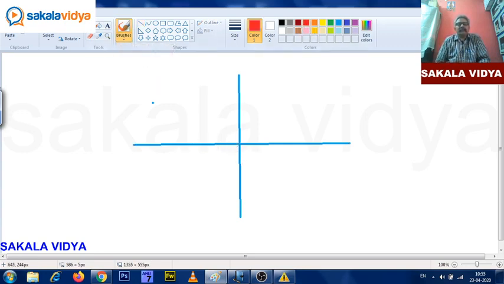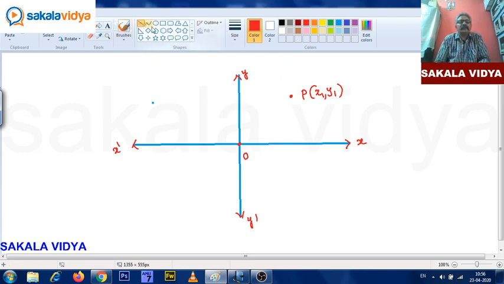So, let us take the coordinate axes, say this is the origin, say this is the x axis, this is x dash, say y, this will be y dash. For example, you take P of x1 comma y1, any point in the coordinate plane, this is called the coordinate plane. Understood now? So, now here drop the perpendicular from P to the x axis.